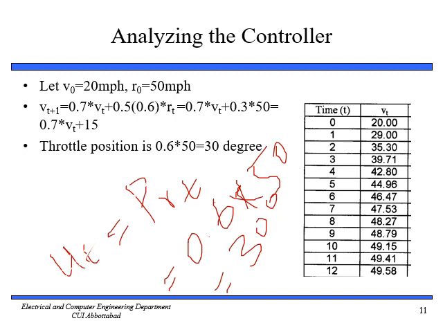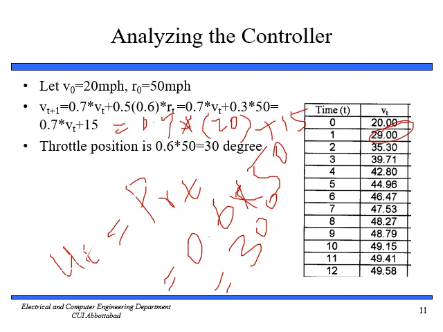So here you can see that at time 0, our velocity is 20. At time 1, if you put 0.7 into 20 plus 15, you will get 29.